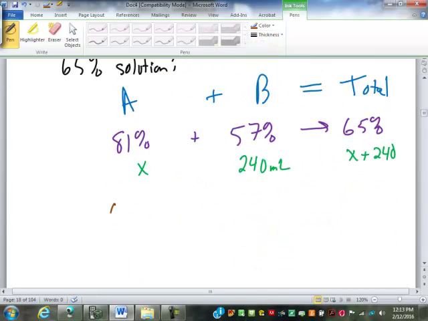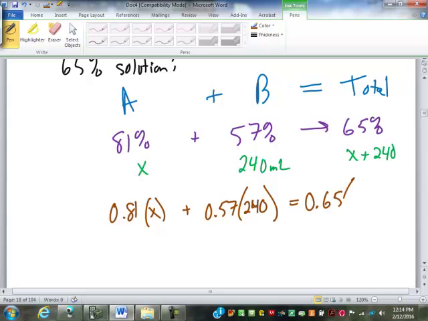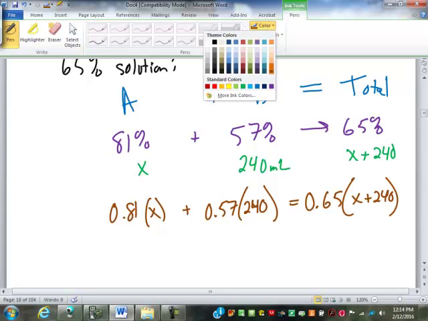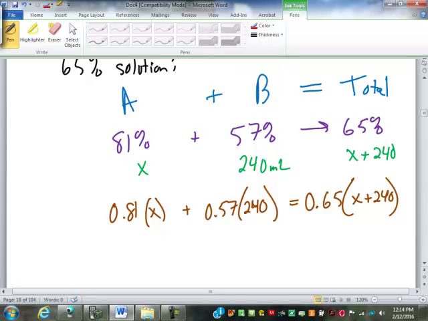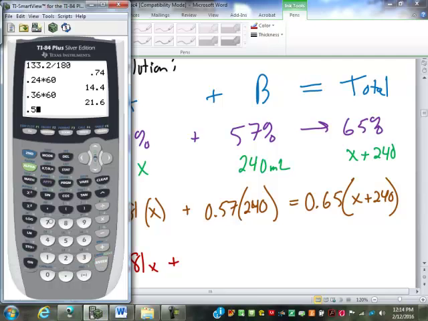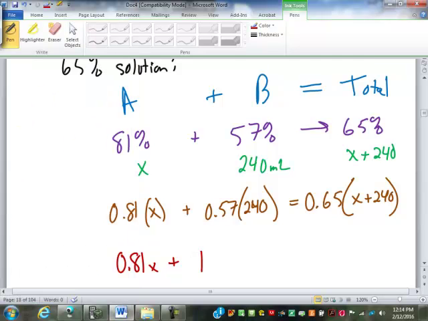So now this is 0.81x plus 0.57 times 240 equals 0.65 times x plus 240. So 0.81 times x is just 0.81x. 0.57 times 240, 136.8.